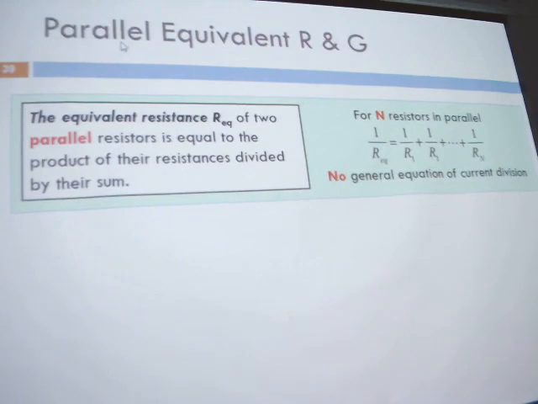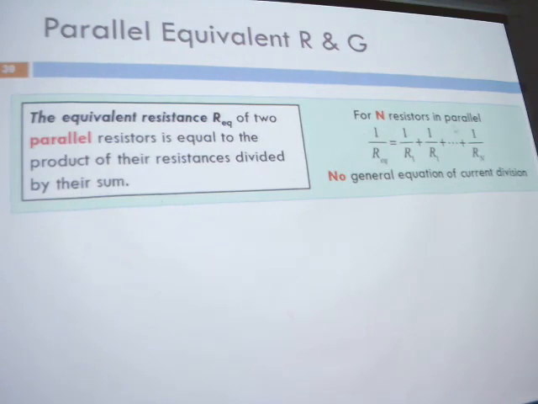Okay, now we can see the parallel equivalent R and G. What is G for? G for conductance, R for resistance. The equivalent resistance Req of two parallel resistors is equal to the product of their resistances divided by their sum.